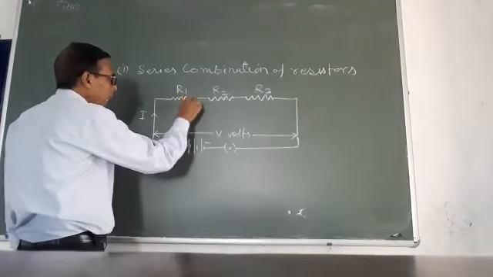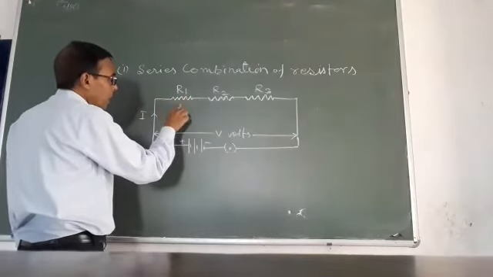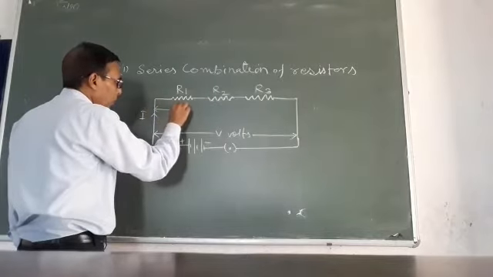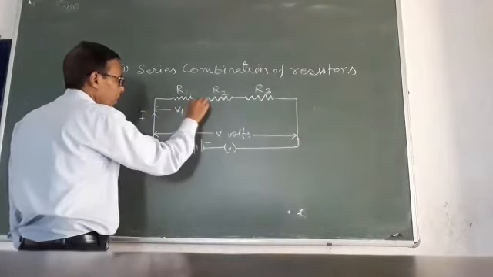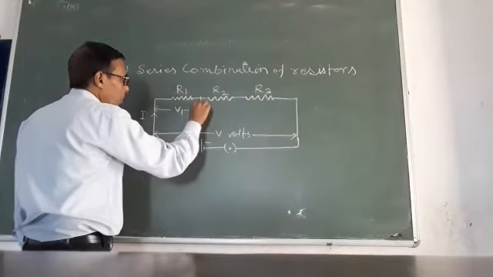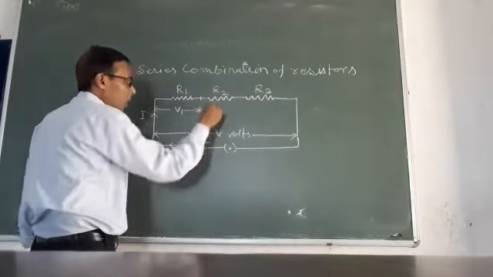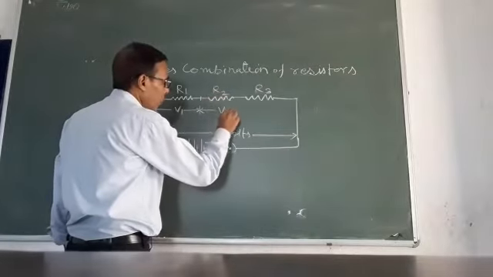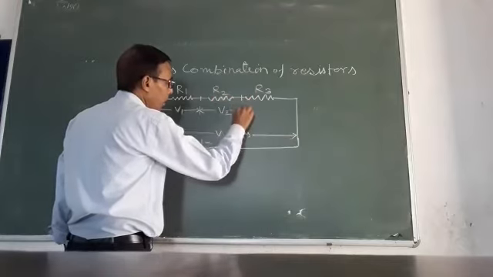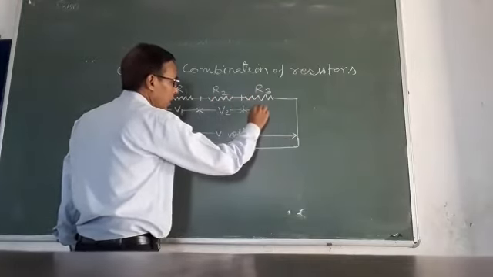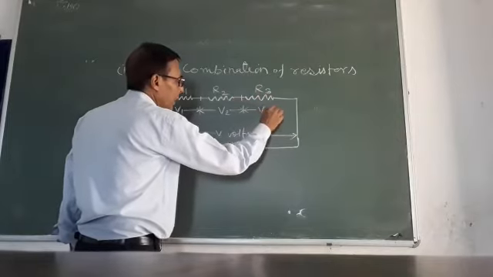Now let the potential difference across R1 be V1, the potential difference across R2 is V2, and the potential difference across R3 is V3.